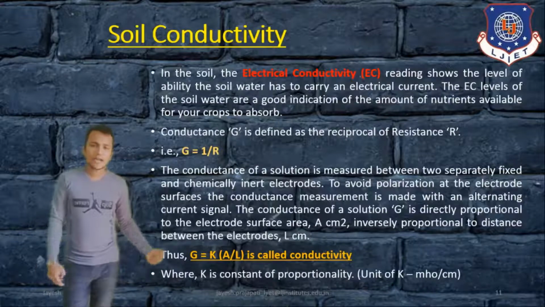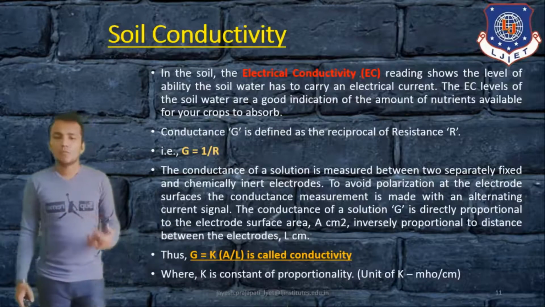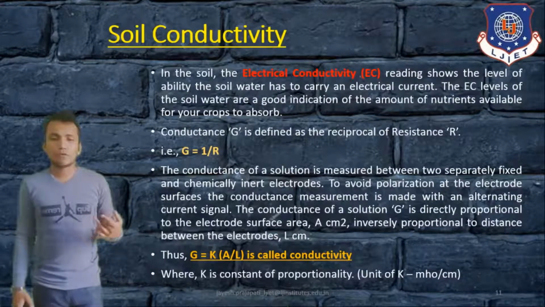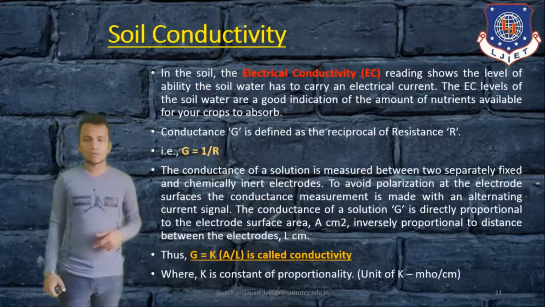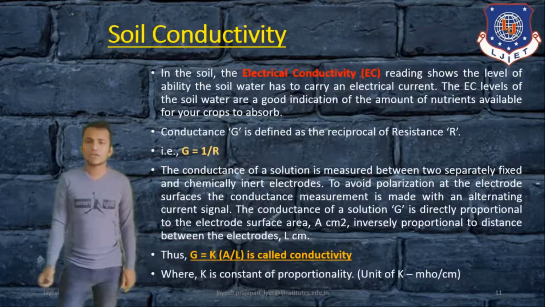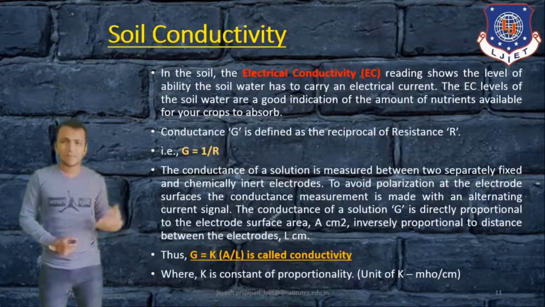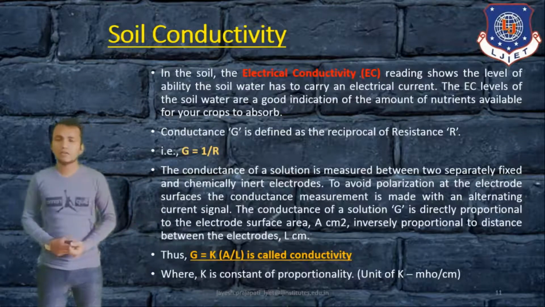Here K is a constant of proportionality, and the unit for K is mho per centimeter. So that is the equation we can define here.